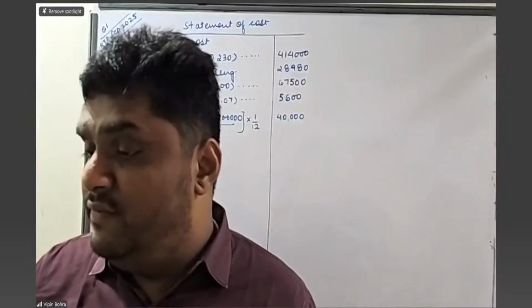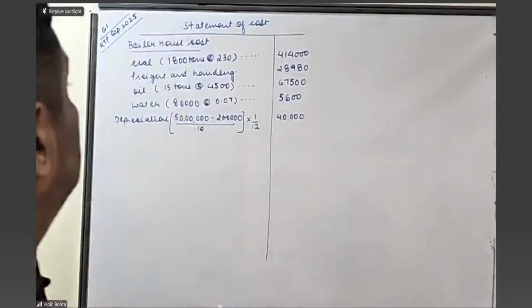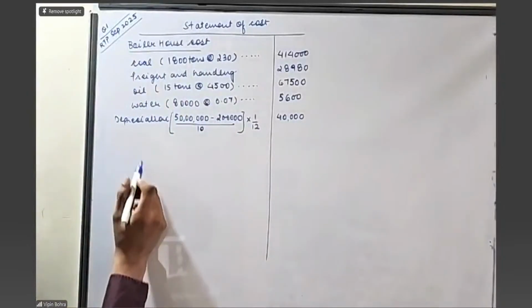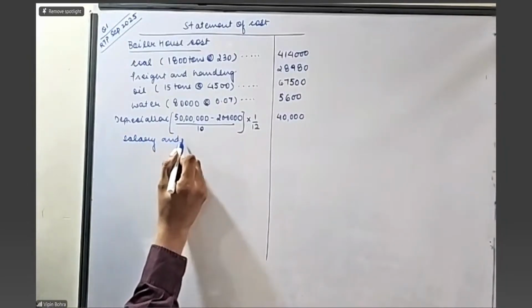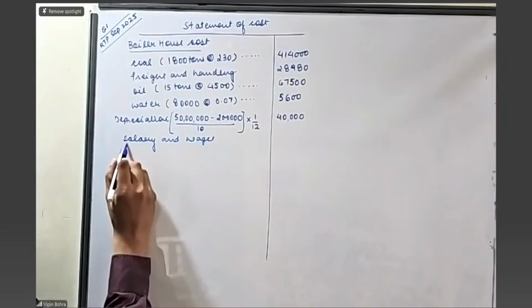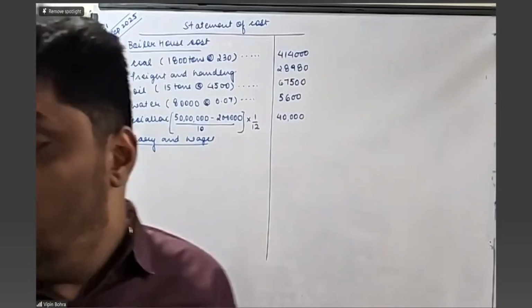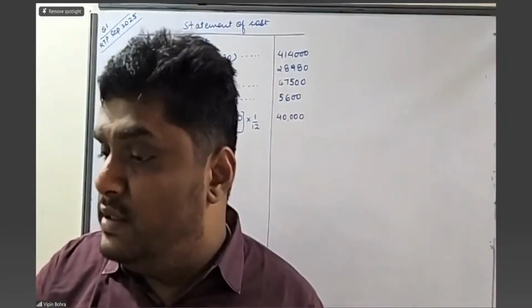Next is salaries and wages of the boiler house. Skilled, semi-skilled, and unskilled.